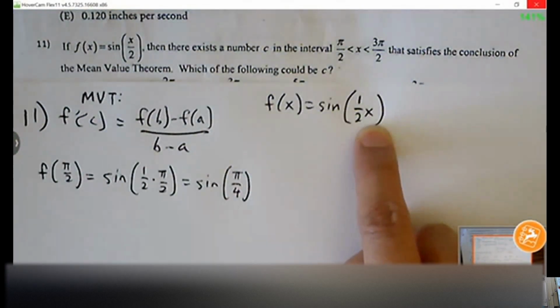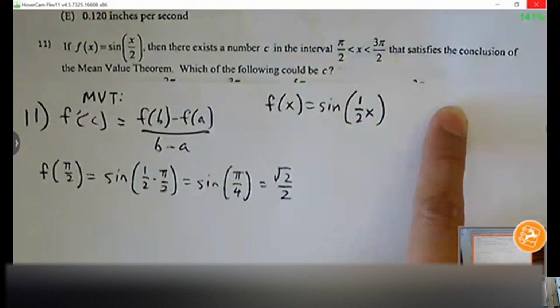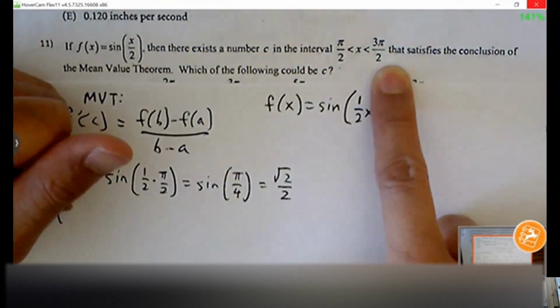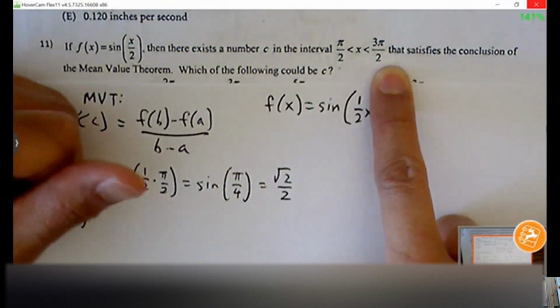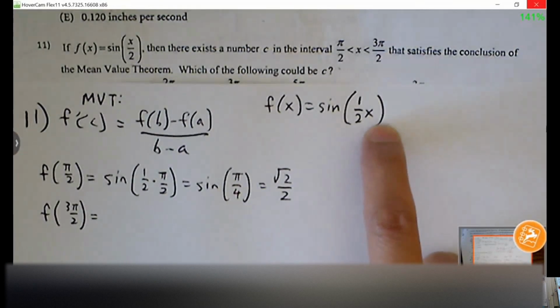Sine of pi over 4. Sine of pi over 4 we know is root 2 over 2. Okay, insert 3 pi over 2 in for x.